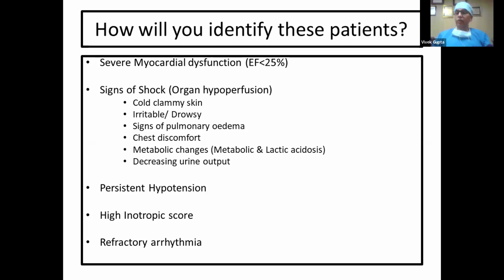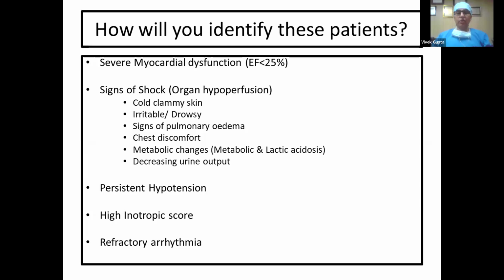In the initial phases of shock the patient is irritable; in the late phases, he becomes drowsier. You may get signs of pulmonary edema. The patient has metabolic changes in the form of severe metabolic acidosis, lactates are rising, and there is a drop in urine output.